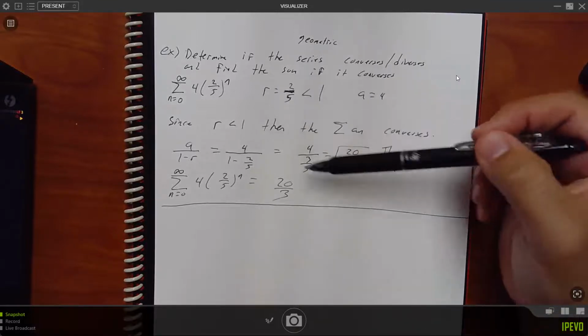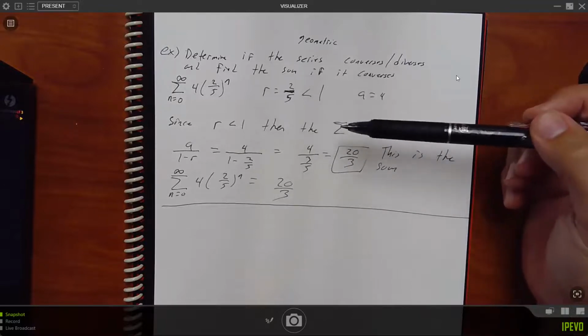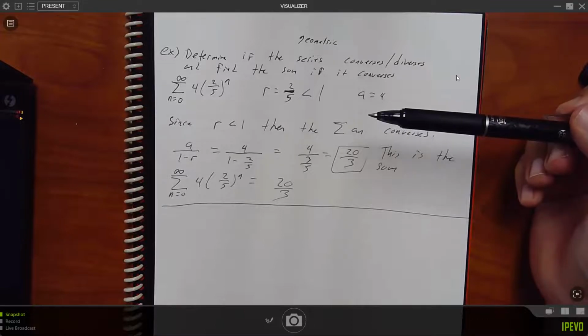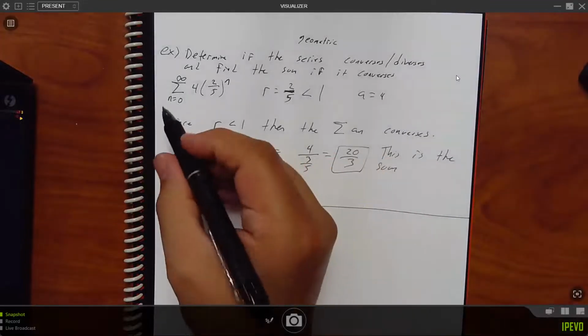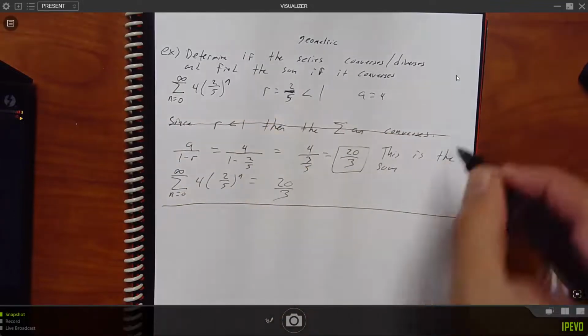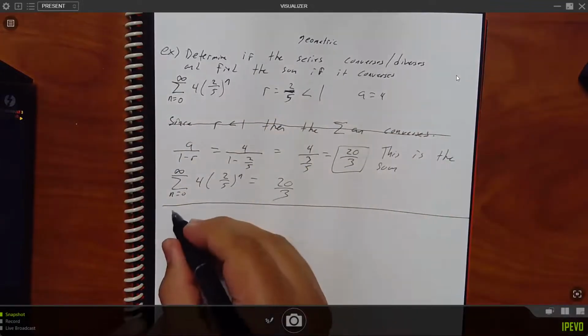To say more properly, let's make this more clear here. Solution, right?